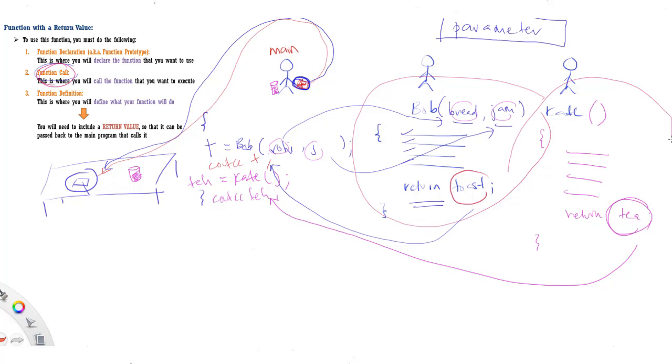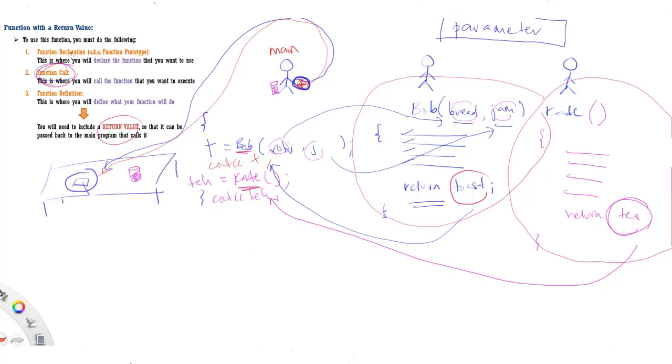This is also function definition because you are identifying what Bob will do, because in the end Bob will return a return value back to the person that calls it. So this is a function definition, this is a function call. So that is the basic general idea how you can use functions inside your program.